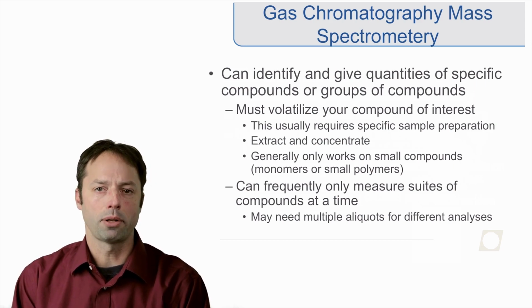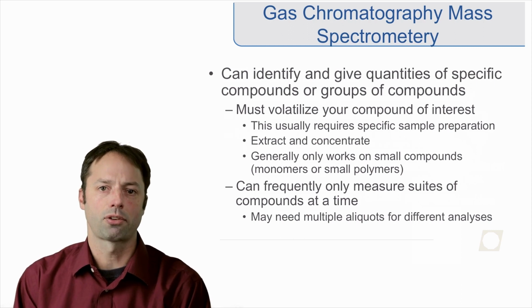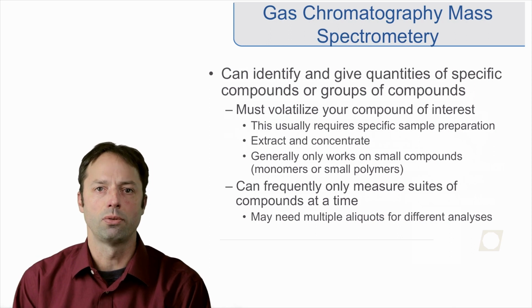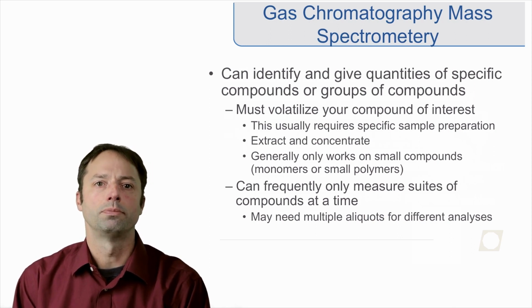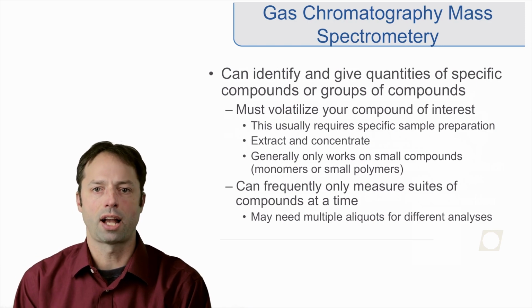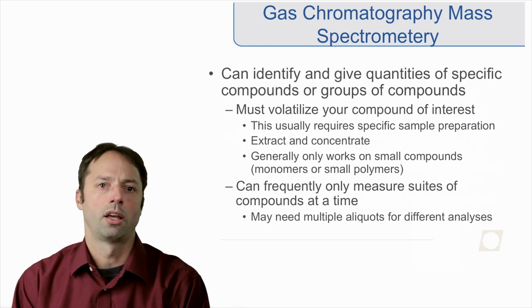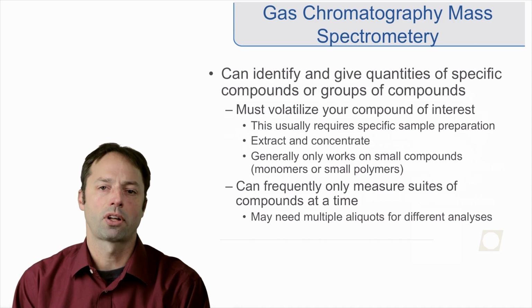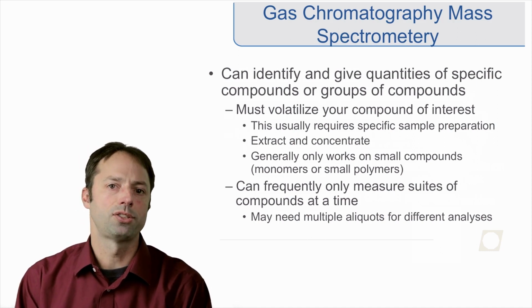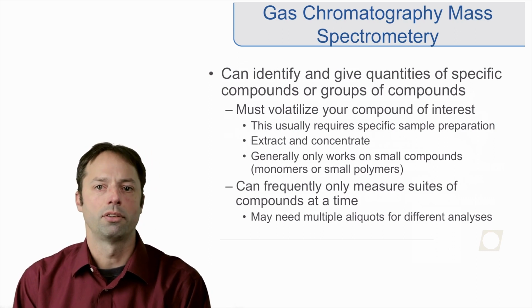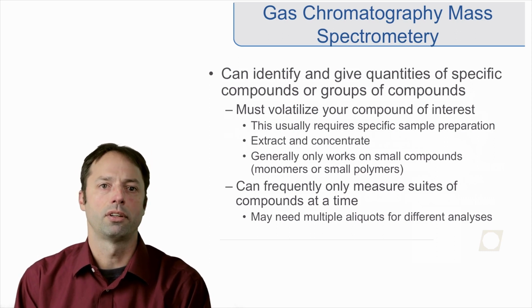The name pretty much says the method, gas chromatography. So you need to have small compounds that you get into gaseous form. You volatilize the compounds and then extract and concentrate them. And as I mentioned, it generally only works on small compounds like monomers or small polymers, so amino acids, sugars, and saccharides, other things of that nature.